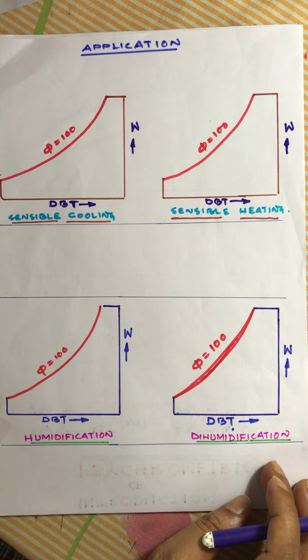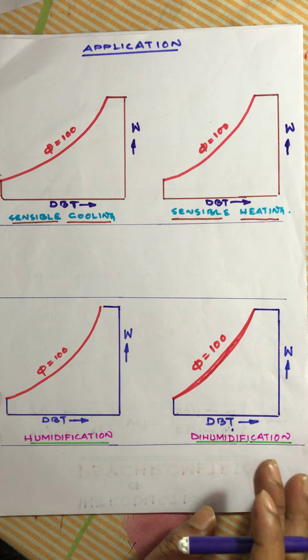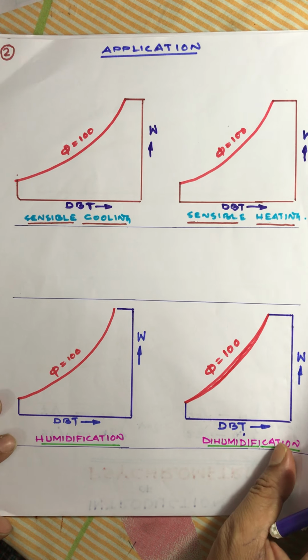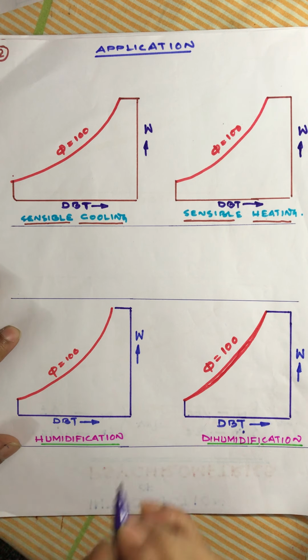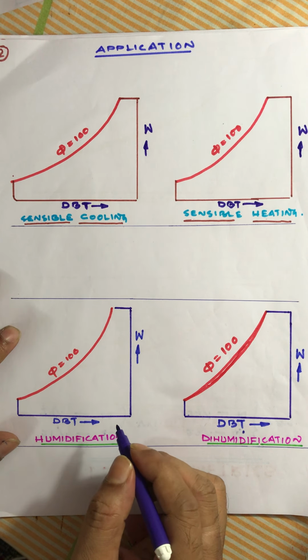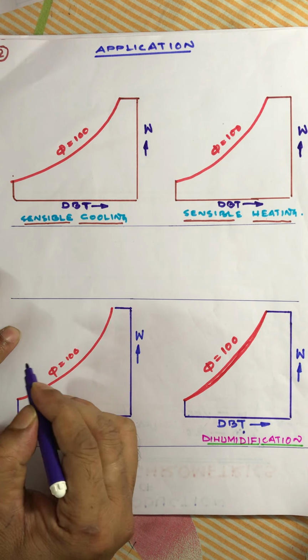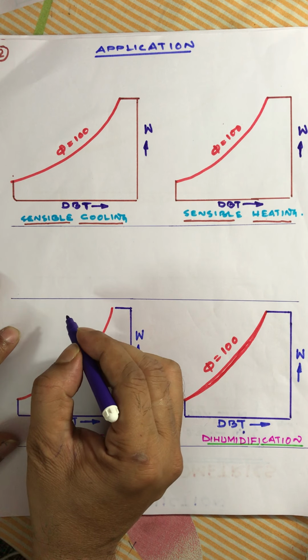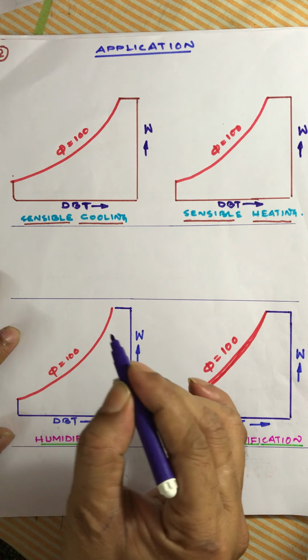First of all, sensible cooling and sensible heating. What is sensible cooling and what is sensible heating? If you consider sensible cooling, the air is cooled down due to its passing around the cooling coil.